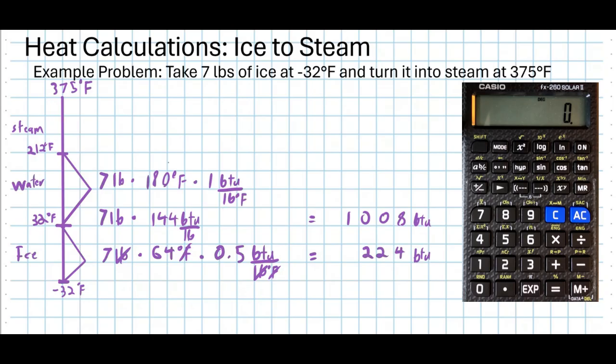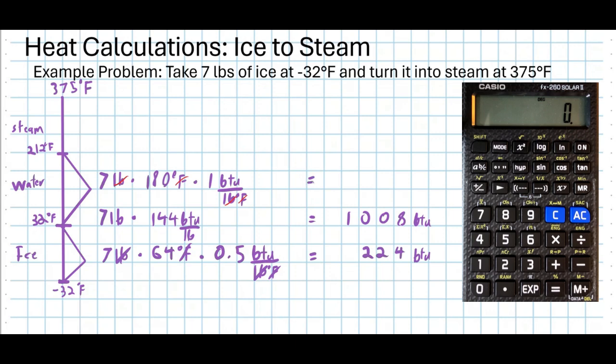So again, to raise the temperature of 1 pound of water by 1 degree Fahrenheit, it costs us 1 BTU of energy. So our units are going to cancel out here. My pounds and pounds cancel out, the Fahrenheit cancels out, and we're left with units of BTU.